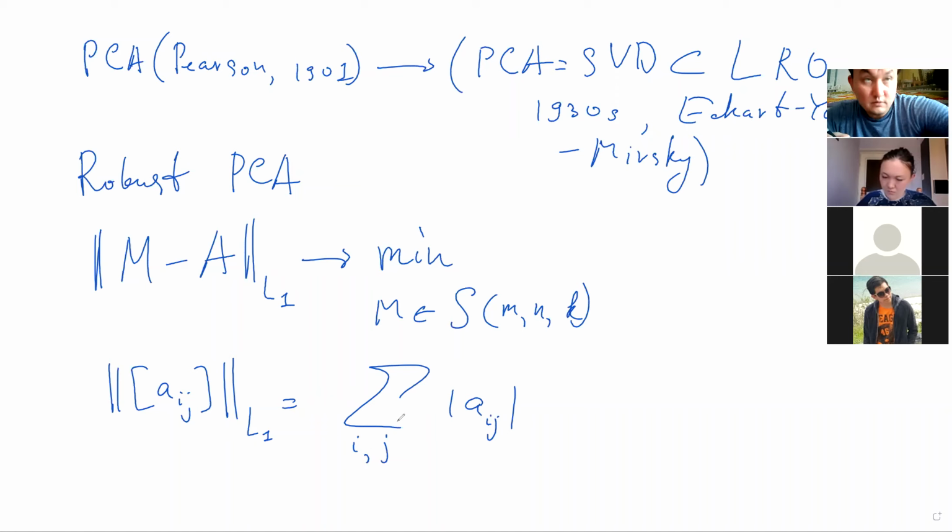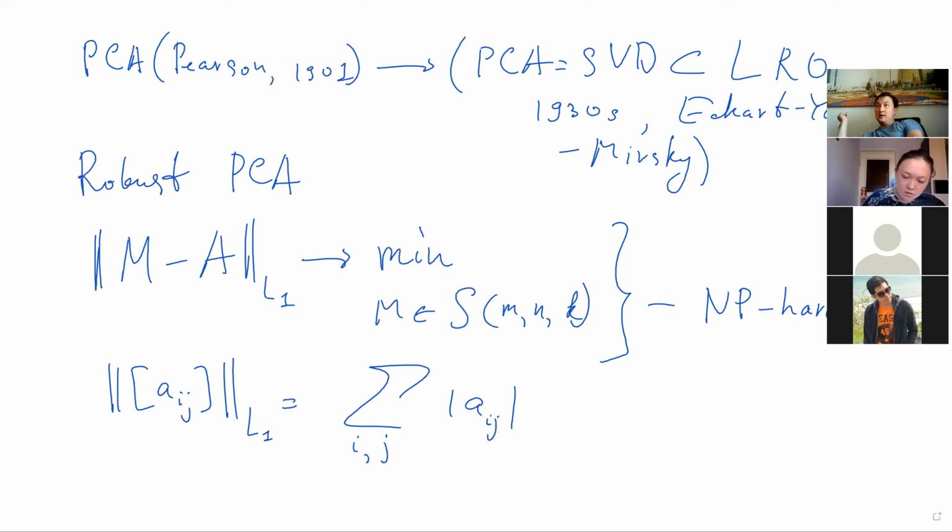And what people learned is that when we make a very little change, instead of the Frobenius norm or any unitarily invariant norm, when we put the L1 norm, everything becomes more complicated. It turns out that this problem doesn't have a good algorithm. This problem is NP-hard, so roughly speaking, it cannot be solved efficiently.